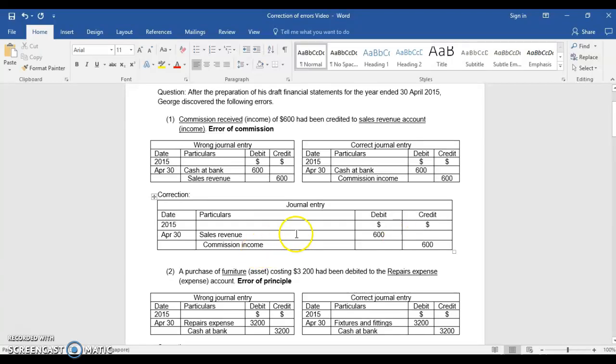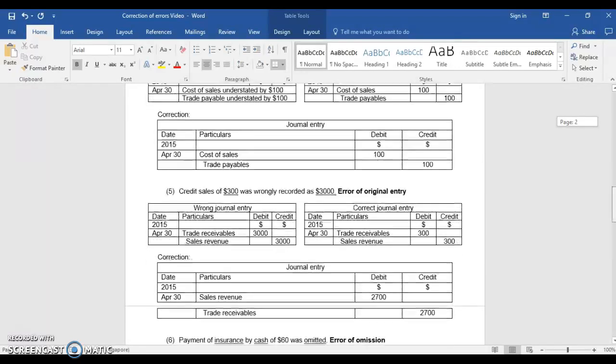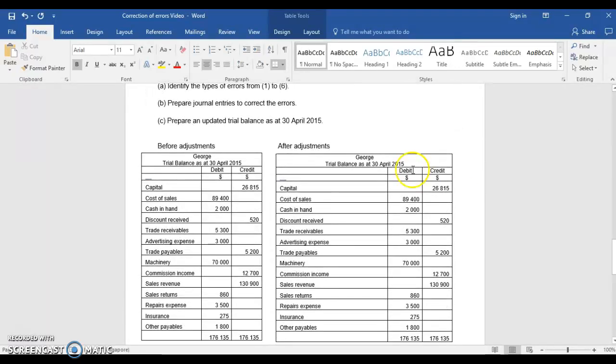So if we debit sales revenue of $600, we would have actually minus our sales revenue, whereas our commission income, we are going to add commission income of $600 since this is an income account. So sales revenue minus 600, commission income will be addition of 600.